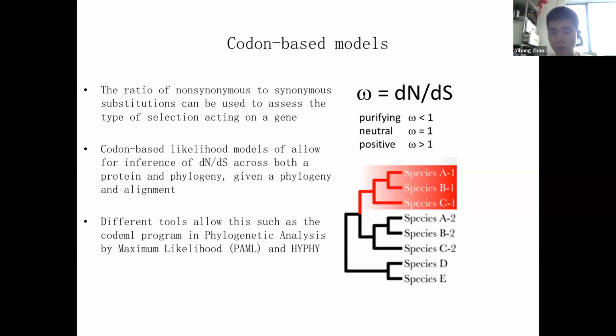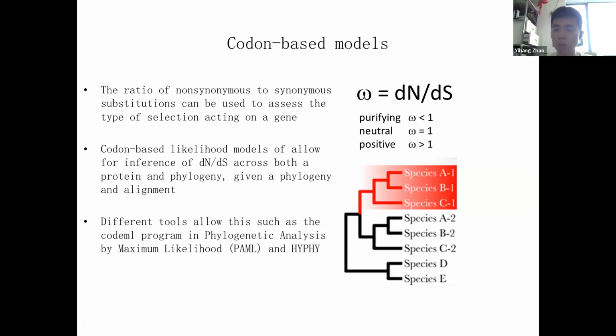For example, let's say in this case, the red species represent the target group, and the rest of the black species represent the non-target group.